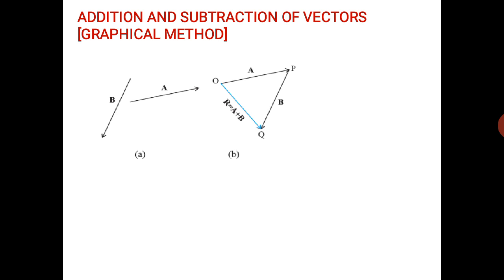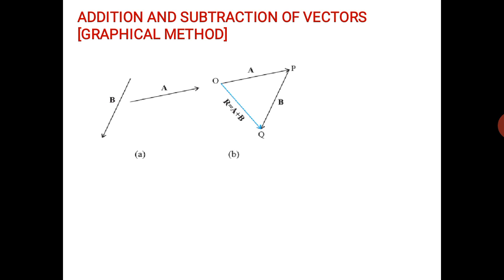Okay, so let us discuss the addition of two vectors. See, suppose there are two quantities, both are displacement. One displacement is 5 meter, another displacement is 3 meter. Then the net displacement may or may not be equal to 8 meter, because displacement is a vector quantity.